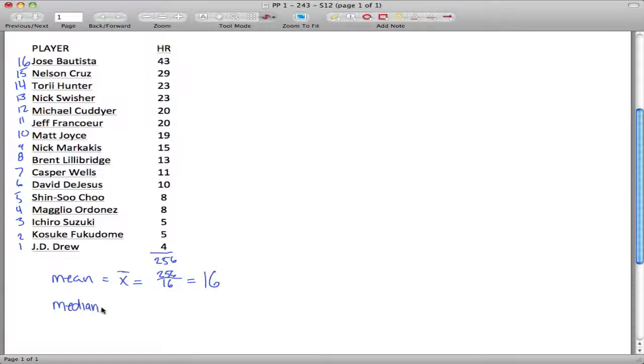The median, the way you figure that out is it's the (n plus 1) over 2 largest observation. We already figured out that n was 16 because we have 16 observations.